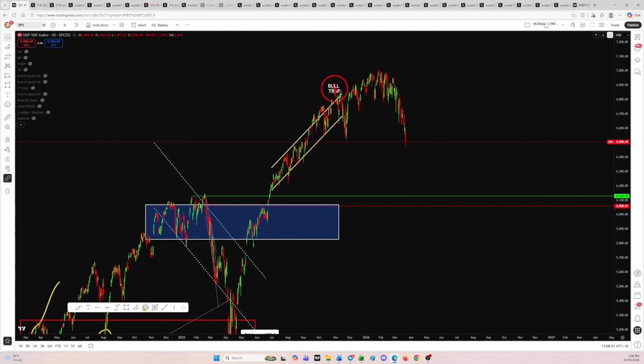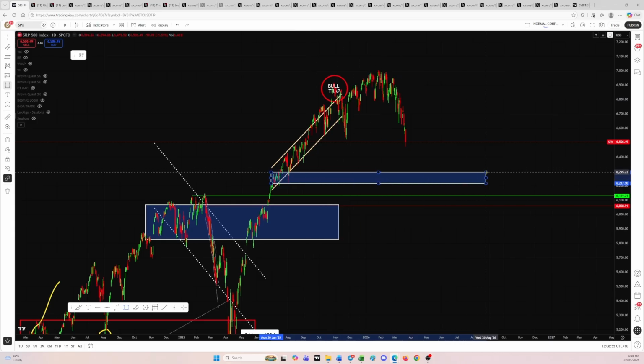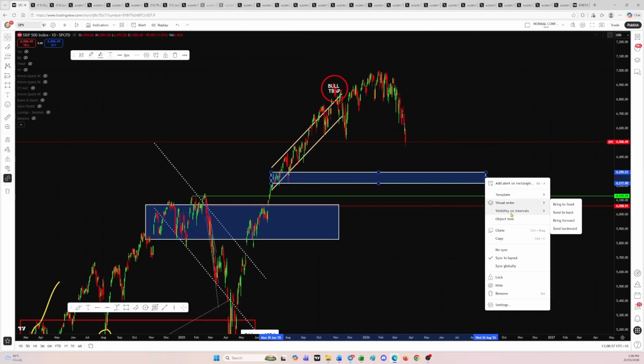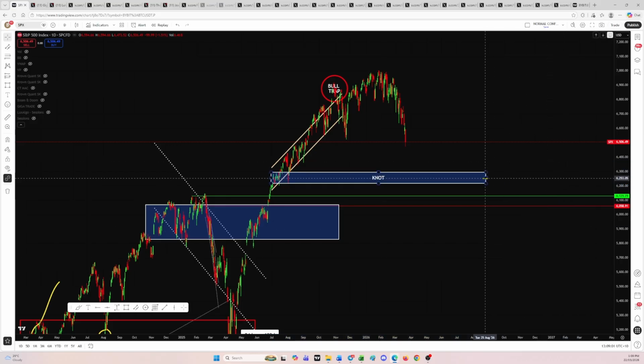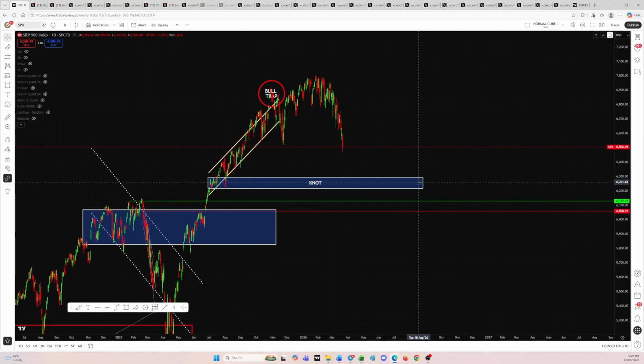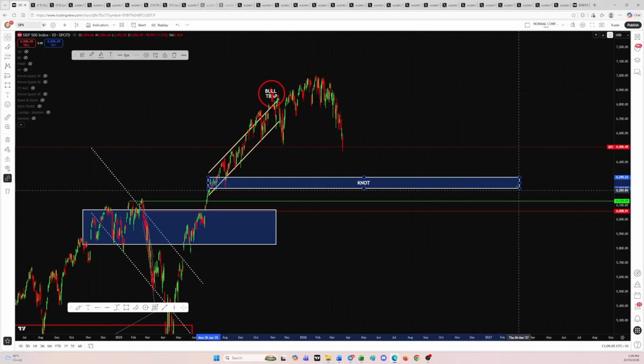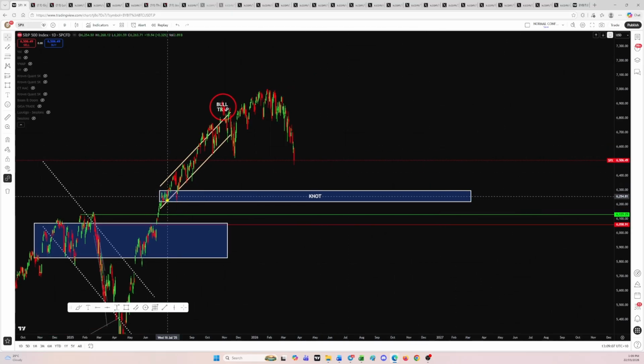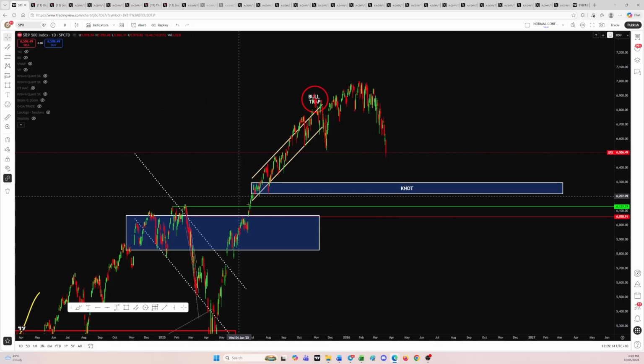It broke out. Where was the first stop along the way? Right there. Bang, right there. This is in many cases and most likely where the price is going to come to before it tries to go higher. The knot. The first range after a breakout of a previous range.